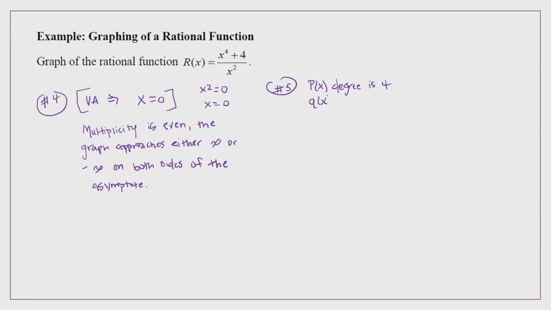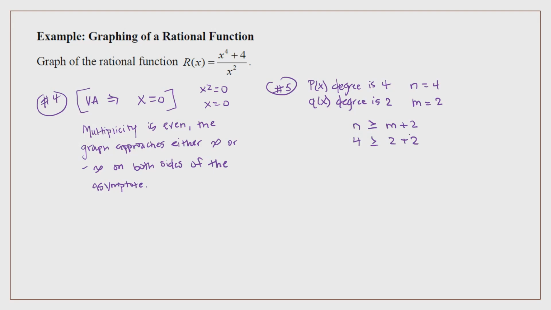Q of x, the degree is 2. So n equals 4, m equals 2. Okay. So our expression is going to be n is greater than or equal to m plus 2. n is 4, m is 2.